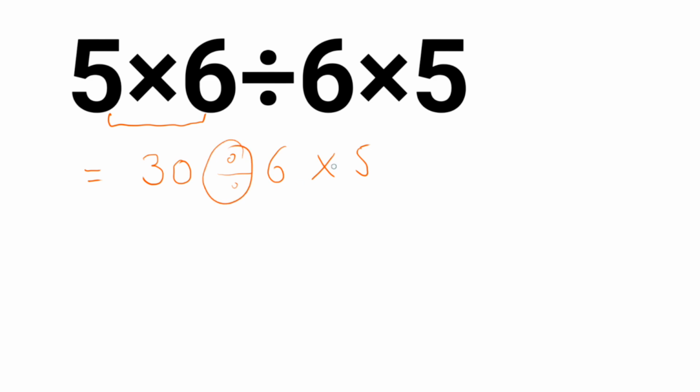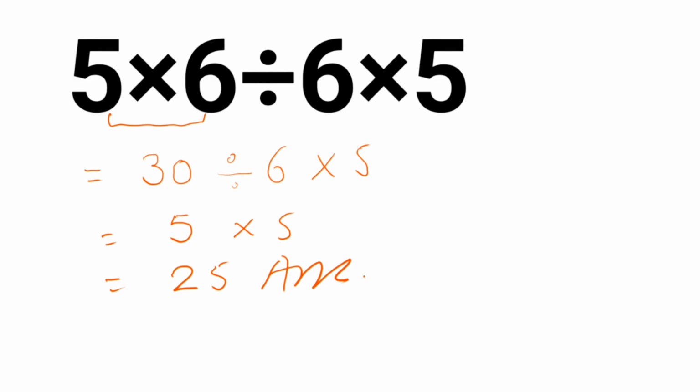Now division and multiplication are in the same step, so we will prefer division because it is at left and we have to move from left to right. So 30 divided by 6 will be equal to 5 times 5. So 5 times 5 is equal to 25, which is our answer.